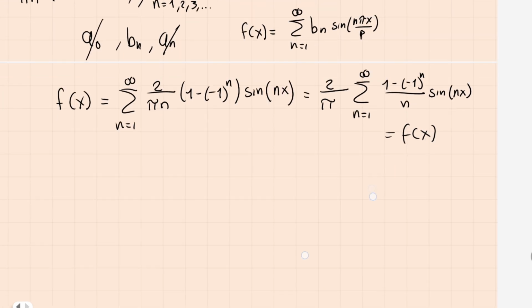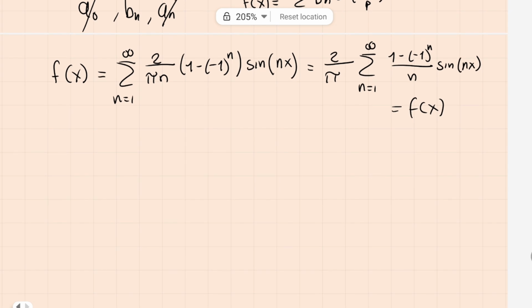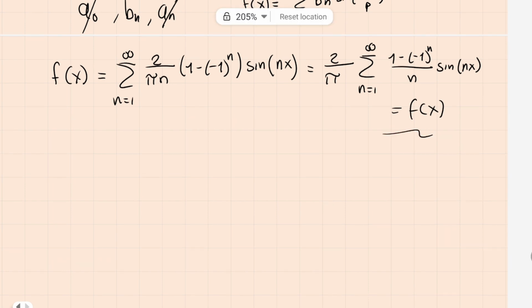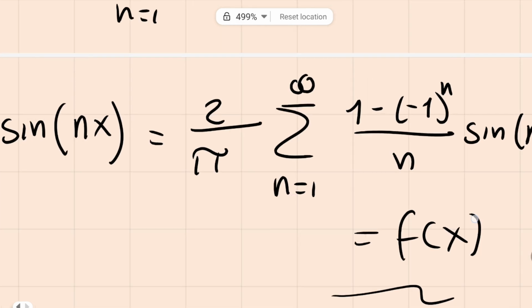Okay, so right now what I'm going to do is to show you 4 cases of the graphs of this function, where we take not the limit to infinity, but, for example, these up to 1, 2, 3, and 15. So we are going to take the partial sums of the function in these 4 cases to see how the graph is.